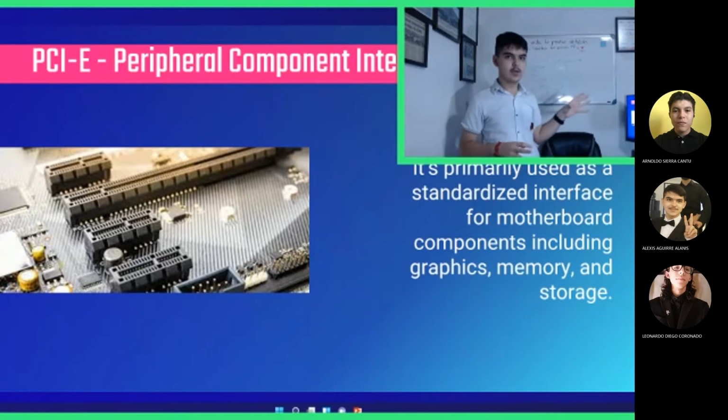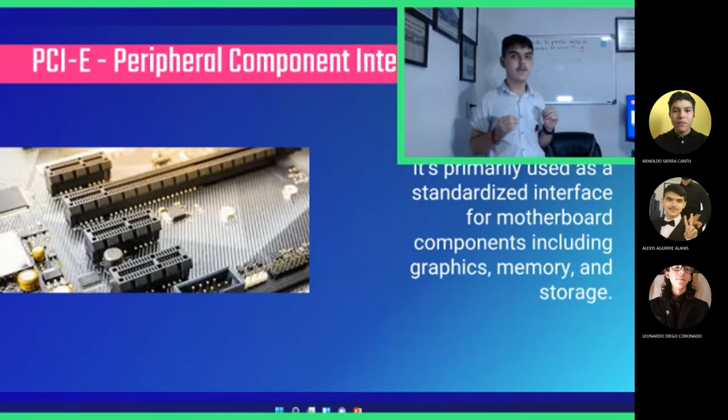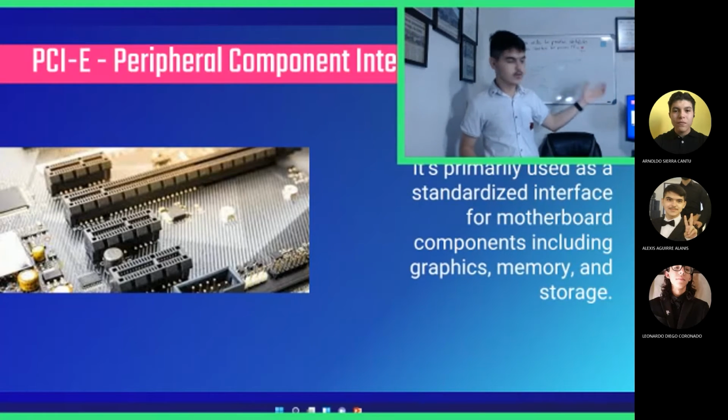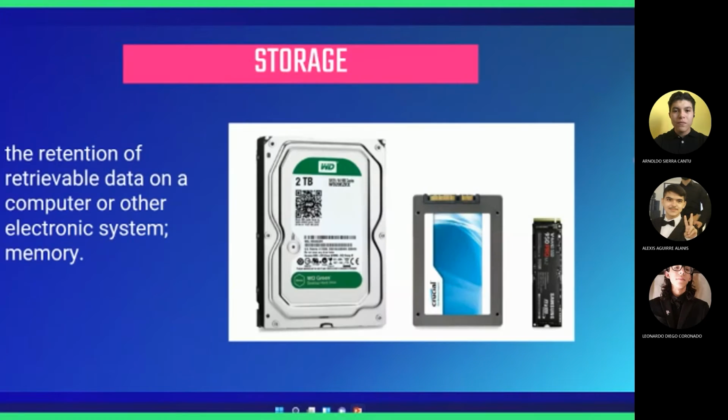That's the reason why the graphics card connects on that port. That's the reason why NVMe M.2 storage is very fast, mainly because those devices connect in the PCIe. Okay, now the next slide.